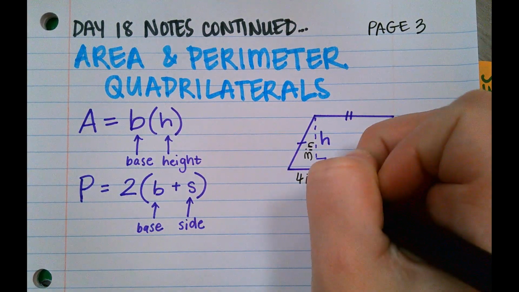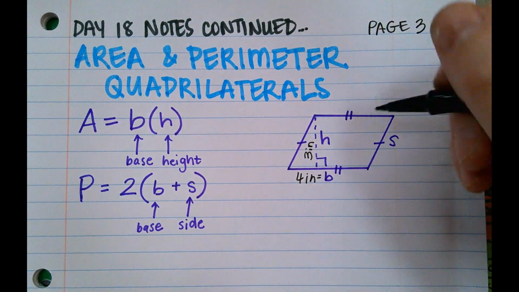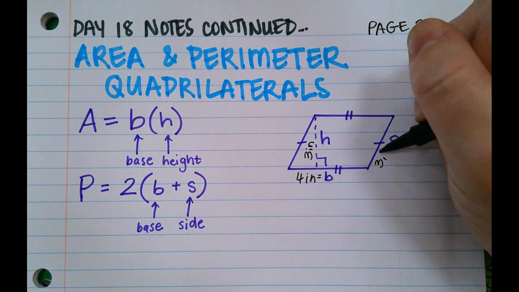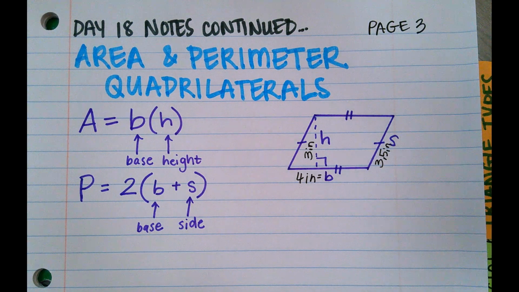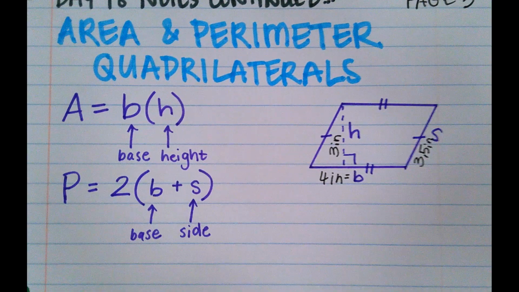We'll say the base is 4 inches, and we'll say the side is 3.5 inches. I find my area and my perimeter.